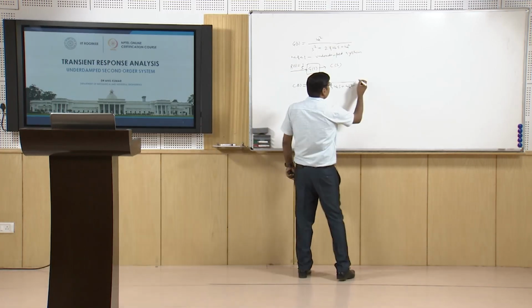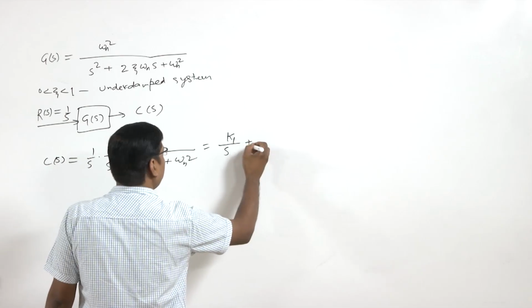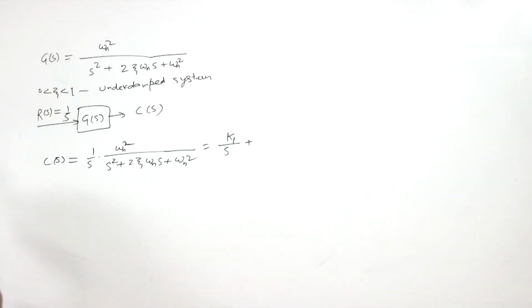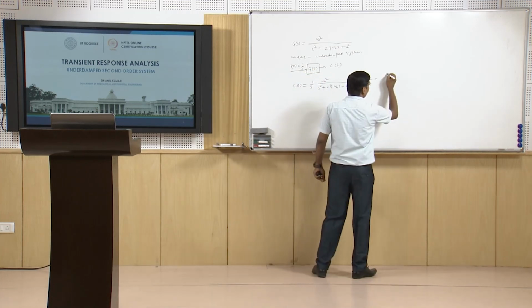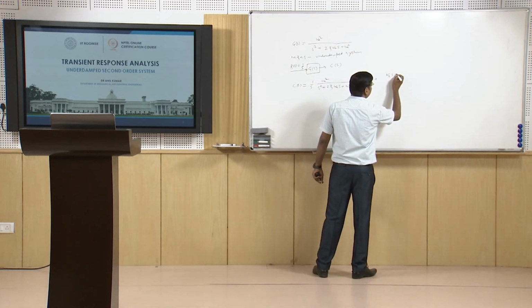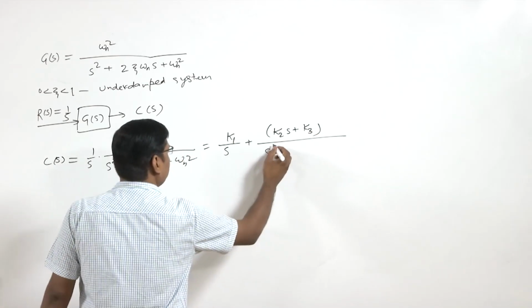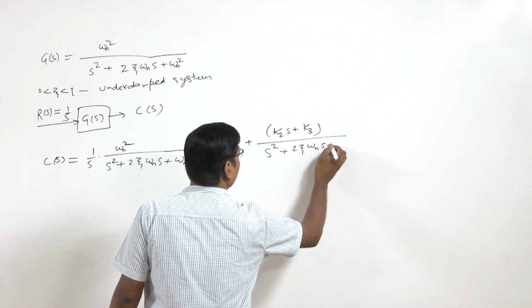Now we can write this as k1 upon s plus, since we have a second order denominator, we have to take k2 s plus k3 upon s square plus 2 zeta omega n s plus omega n square.